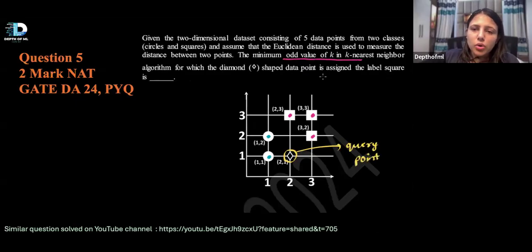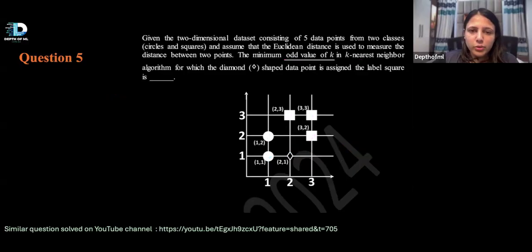The query point should be assigned the label square, and they're asking for the minimum odd value of k. So k equals what, so that the diamond point gets a label of square.